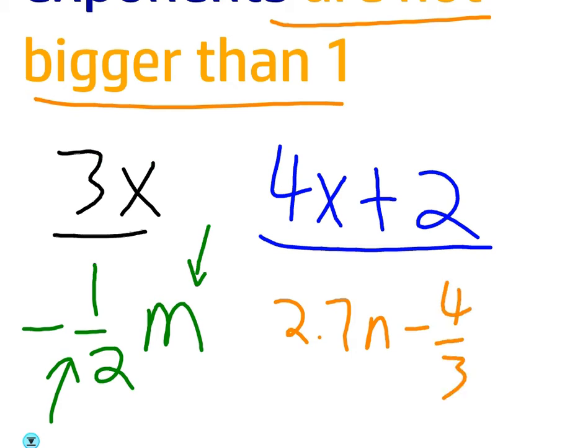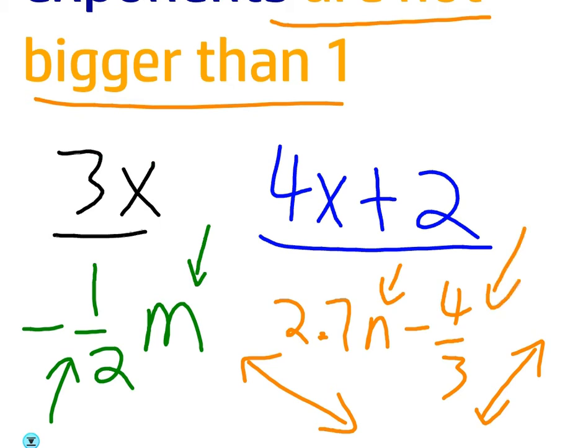Believe it or not, if you graph that, that would also be a straight line. Okay, the variable does not have an exponent. Really, that's all you're looking for. I mean, the 2.7 is going to change the graph, but still going to be a straight line. Actually, I graphed it wrong. It would go that direction, but anyway, you get the point. And then the minus 4/3 just has to do with something else, which we'll talk about later, which is called the y-intercept.